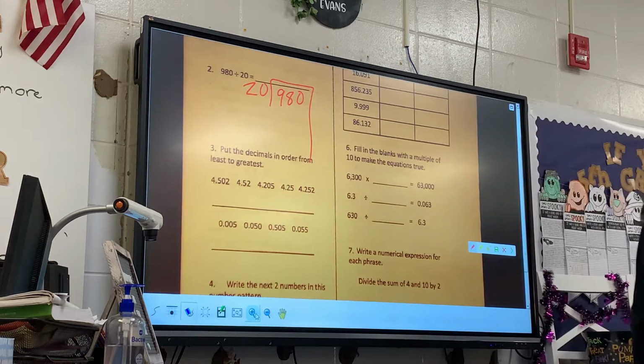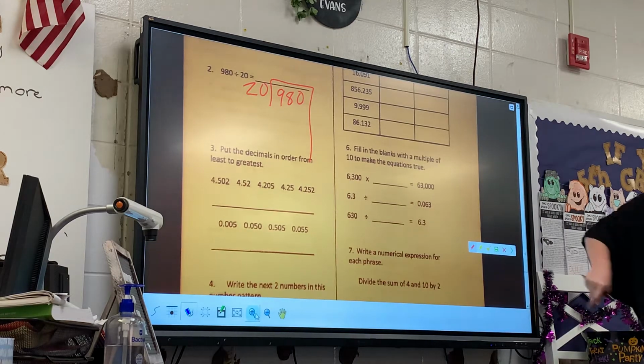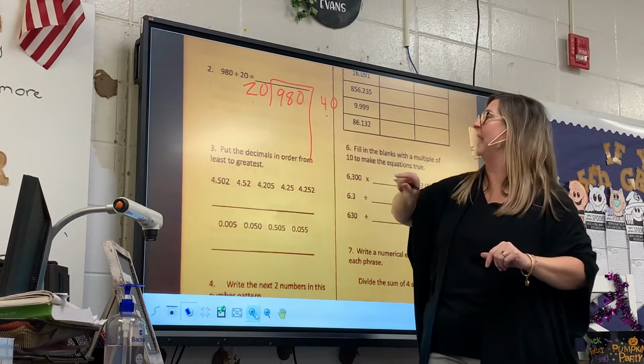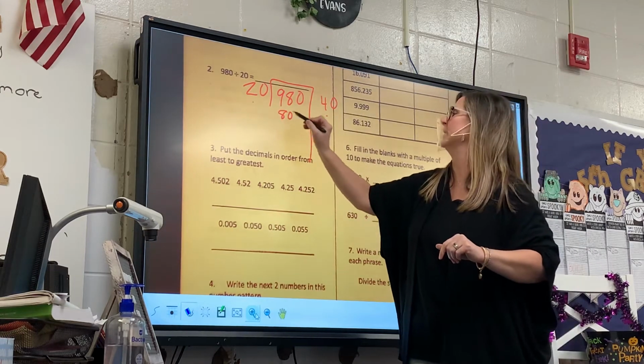Looking this way. What multiple of 10 could I multiply 20 by to get close to 980? What'd you say? 4? Not 4, but 40, because 20 times 40. There you go, Christopher. 40. So 2 times 4 is 8, and 2 zeros makes it 800.